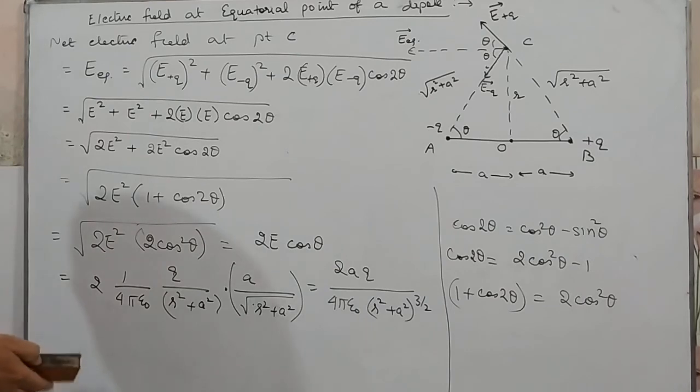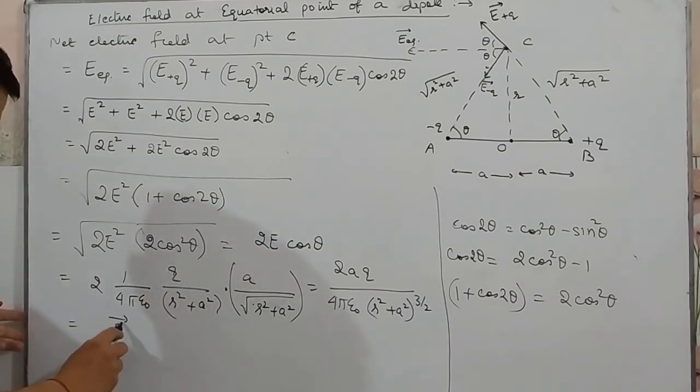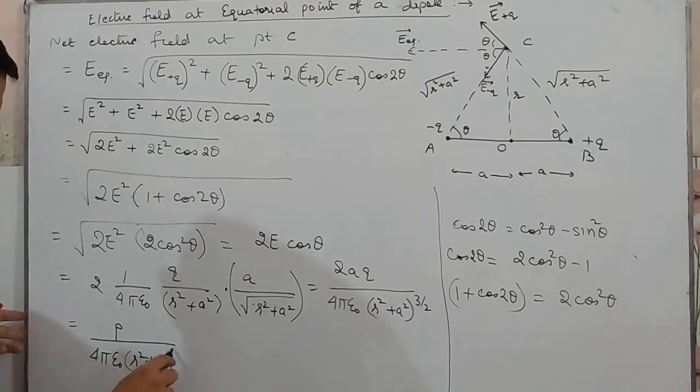Now the result obtained here, 2A Q, is written as P, the dipole moment.